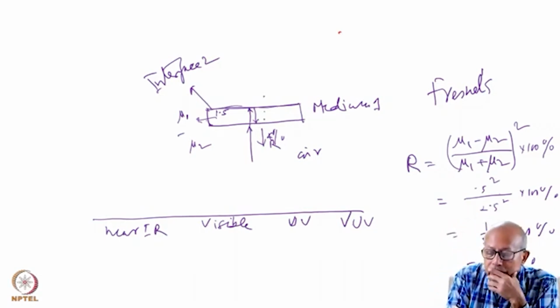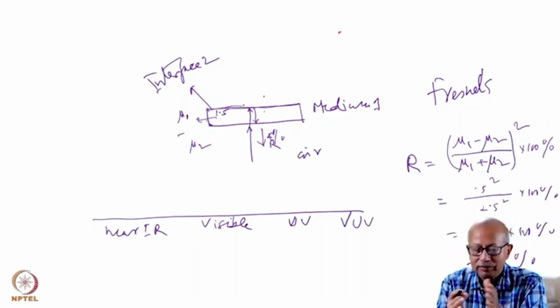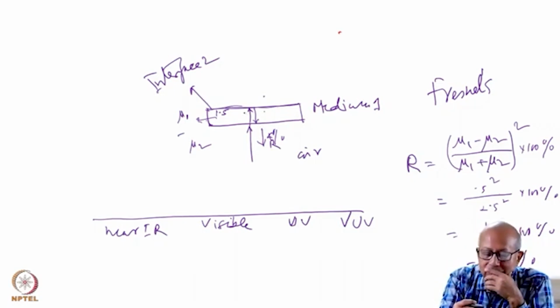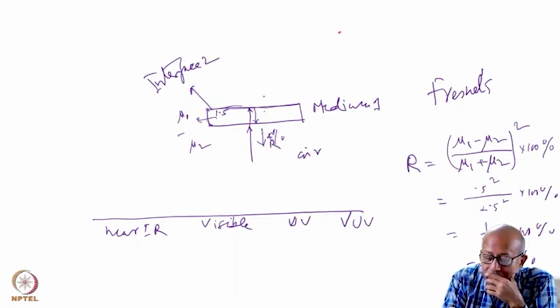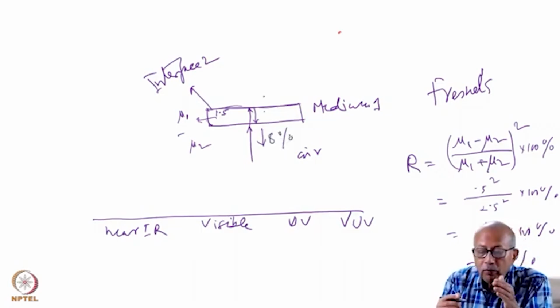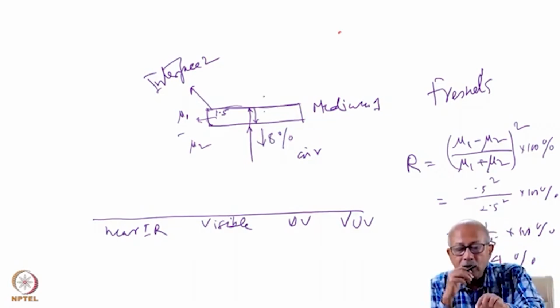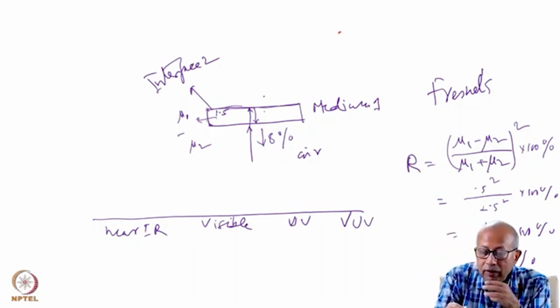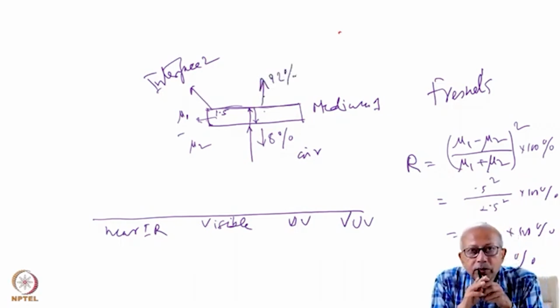So we can neglect this. If we consider the 96% as full 100%, then roughly we can say that nearly 8%, 4% and 4%, of the light will be reflected, taking into account the reflection from both interfaces. So that means nearly 92% of the light incident on it will be transmitted.